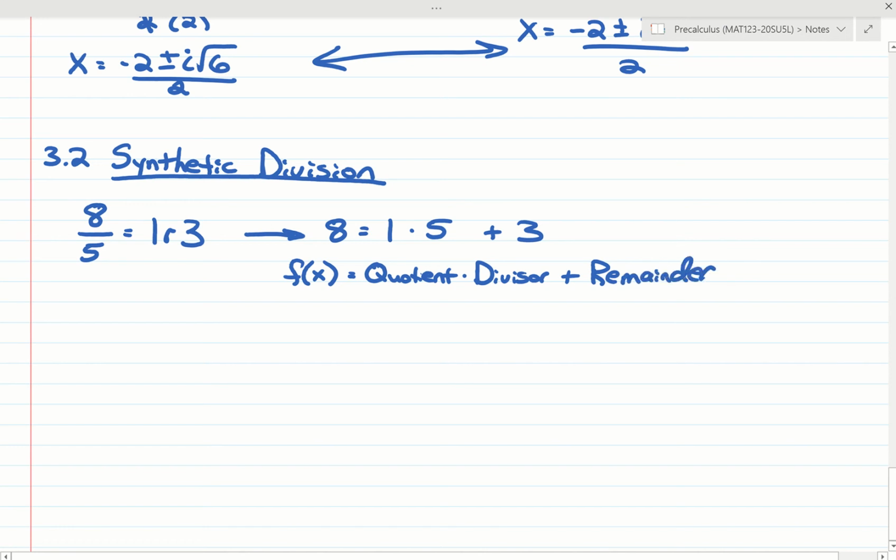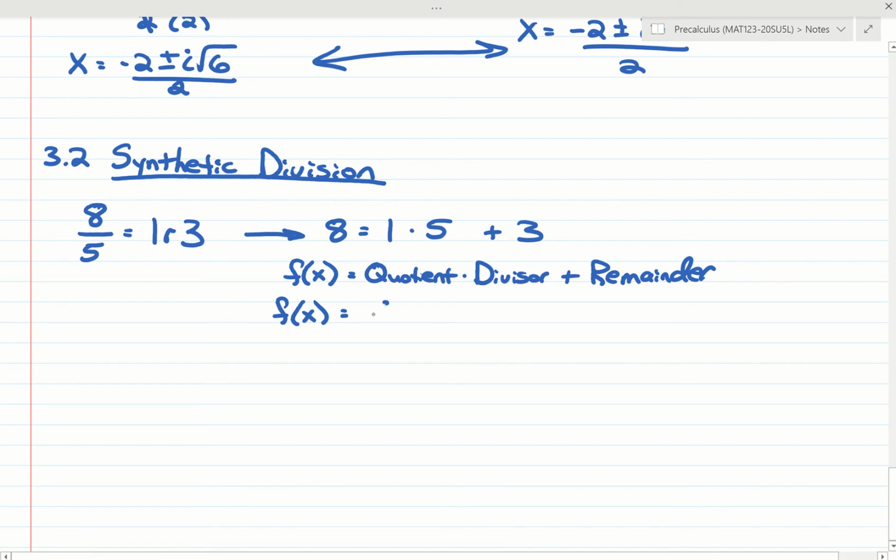Now today we're going to be learning about something called the Factor Theorem or the Remainder Theorem, but just to get started, it's important that we know that we could always do division and write it out this way.